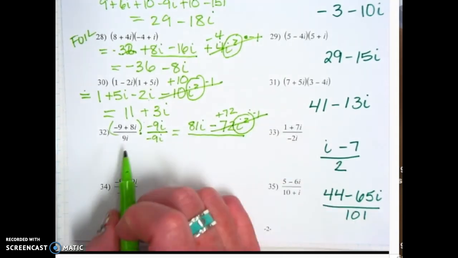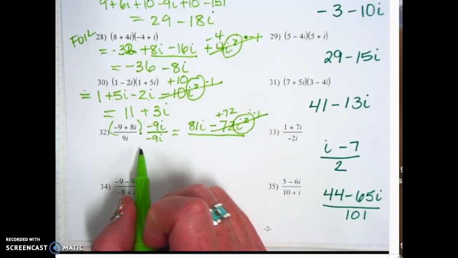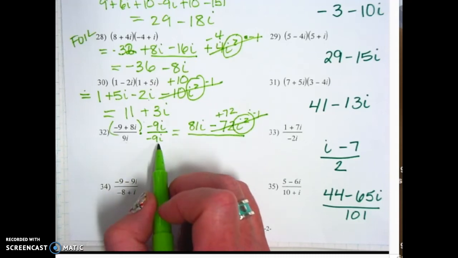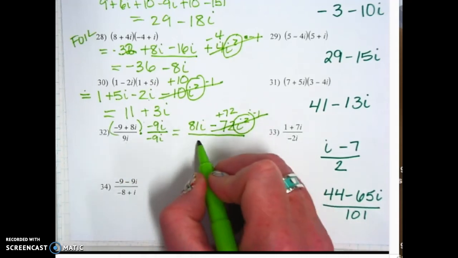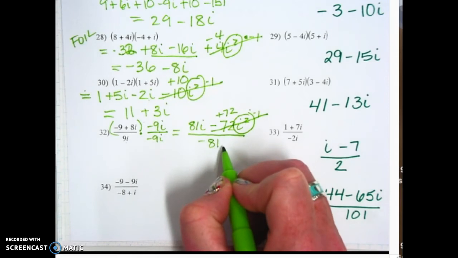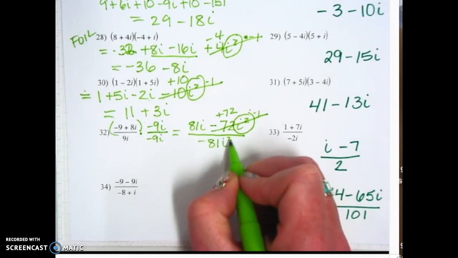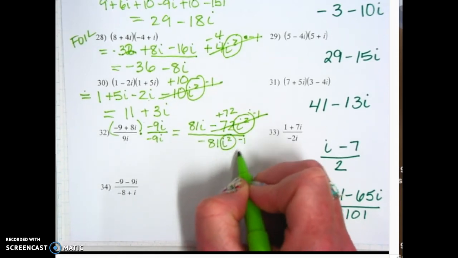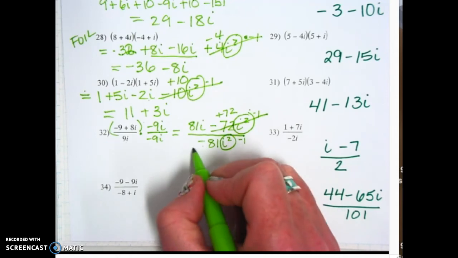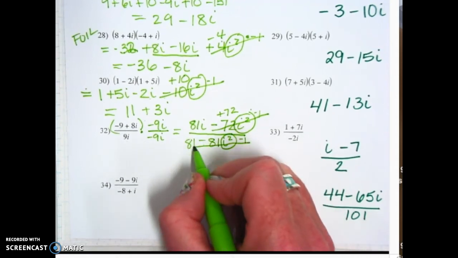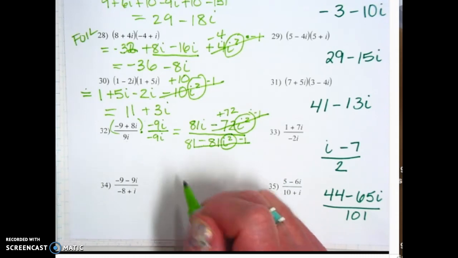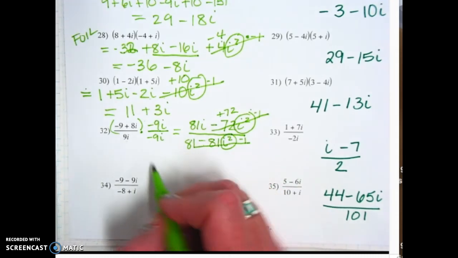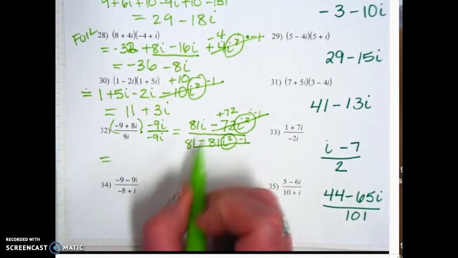In the denominator, we have 9i times negative 9i, which is negative 81i squared. i squared is negative 1 times negative 81, which is positive 81. I'm seeing that these have a GCF of 9. So I'm going to rewrite this numerator.